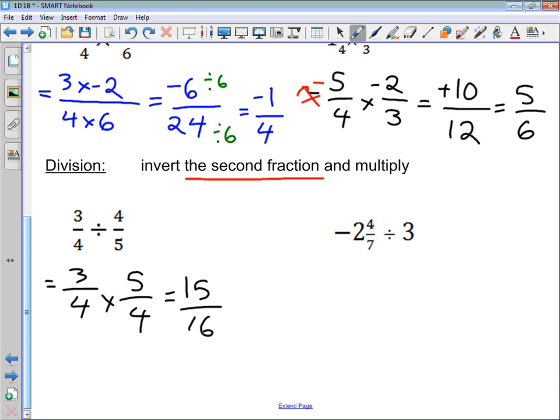Negative 2 4/7 divided by 3. What are we going to do first? What would you do first, Adam? Absolutely, that's a good thing to do. Okay, so we're going to put 7 down in the denominator because we've got a 7 in there already. What do you think our numerator is going to be here? Adam, you want to take a shot at it?